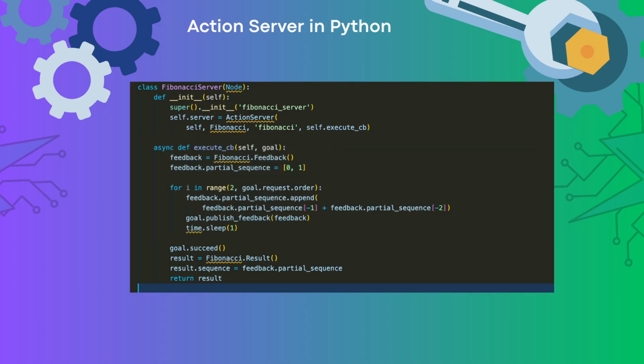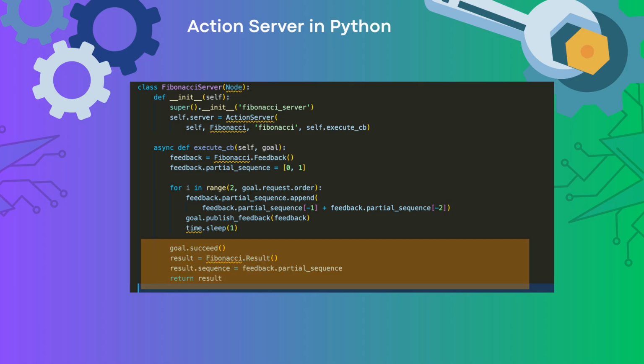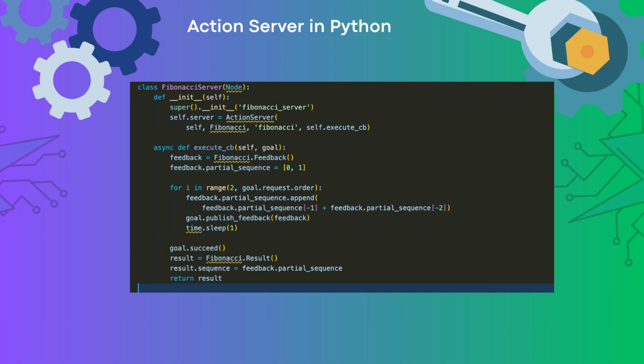Every iteration, we calculate the next number and send feedback to the client, so the user sees progress while the action is running. Once the sequence is complete, we mark the goal as successful and return the final result. That's the entire action server. It processes long-running tasks and keeps the client updated along the way.